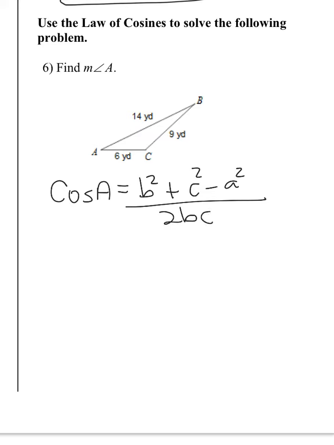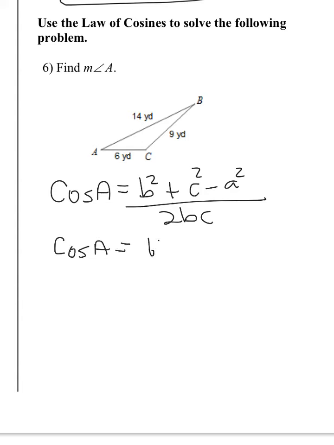Now this form of the formula is not on your math chart, so you want to copy this form down onto your formula chart from your notebook if you haven't already done that, because you will need this formula for this test.